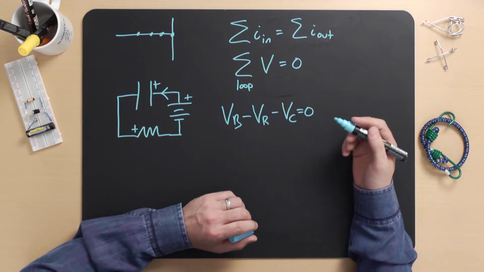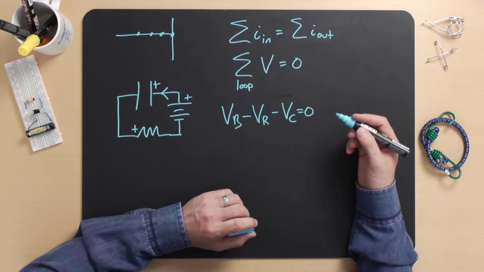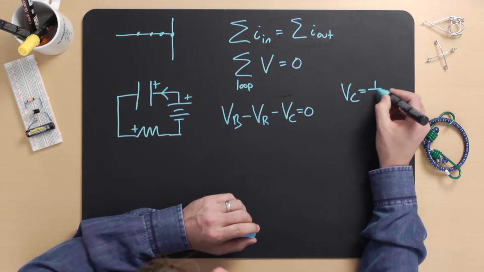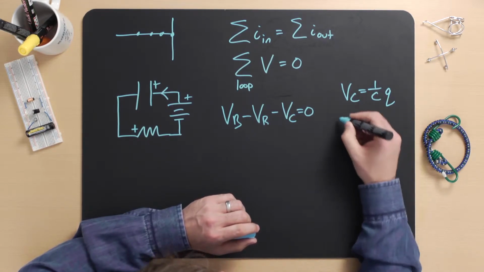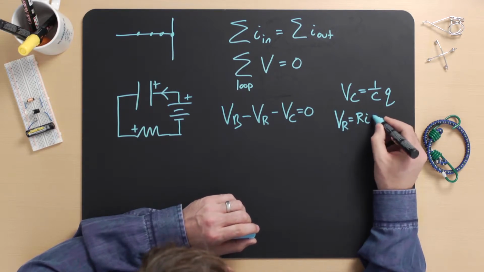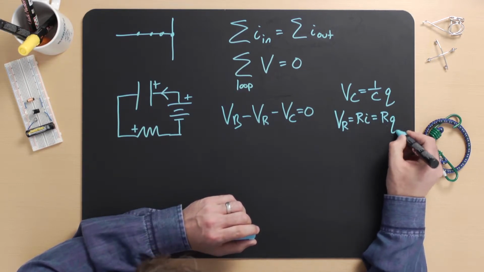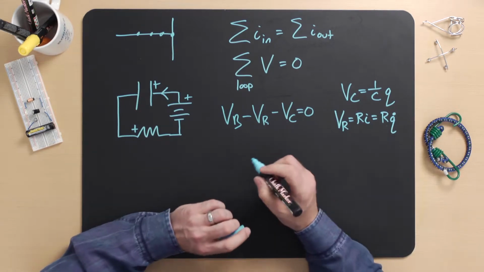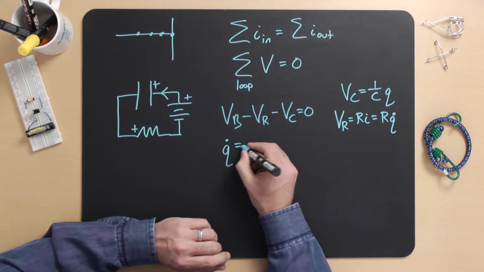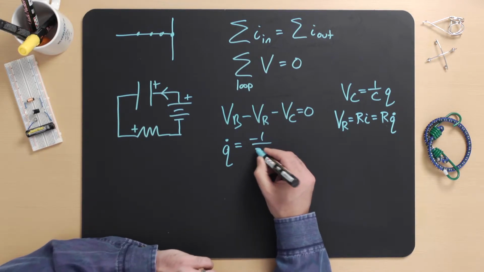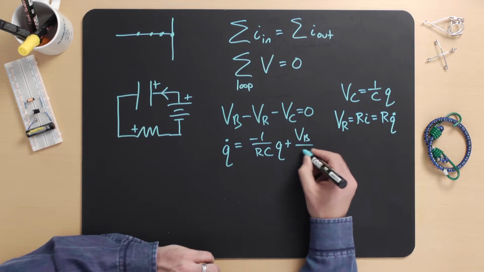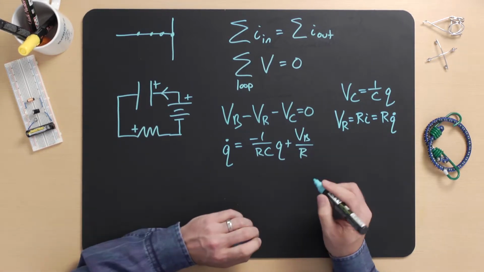And if we now substitute the constitutive laws for VC and VR, where, just to remind you, VC is equal to 1 over C Q, and VR is equal to R I, but that's equal to R Q dot, we find that Q dot is equal to minus 1 over RC Q plus VB over R.